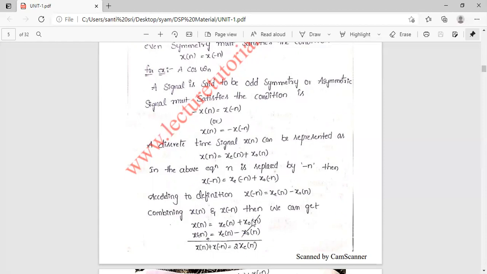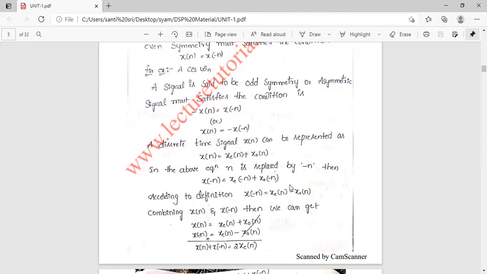According to the definition, xe of minus n is nothing but xe of n, and xo of minus n, being odd, is nothing but minus xo of n. So x of minus n is equal to xe of n minus xo of n.